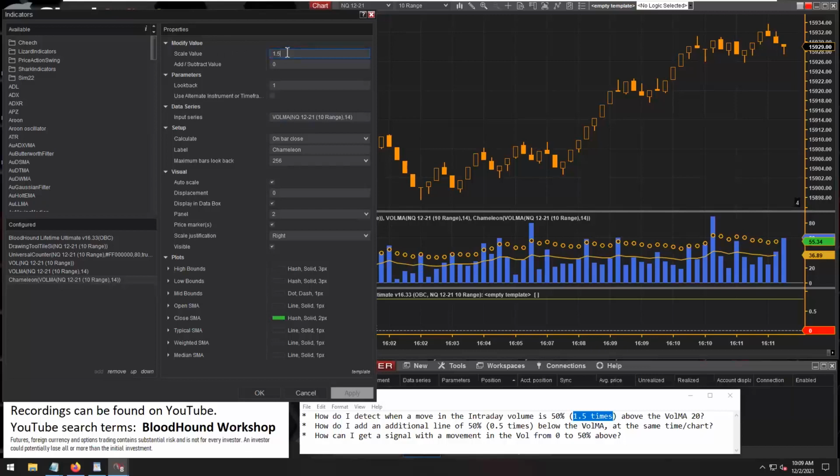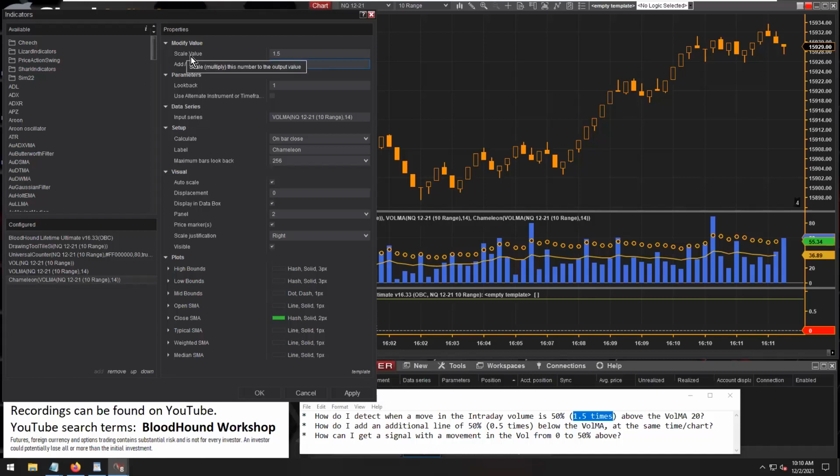So 1.5 is 1.5 times whatever the input series is. We're taking the volume MA and multiplying it by 1.5 here using the scale value input. You can also do an addition or subtraction as well. So there are 2 ways to modify the input series with Chameleon.